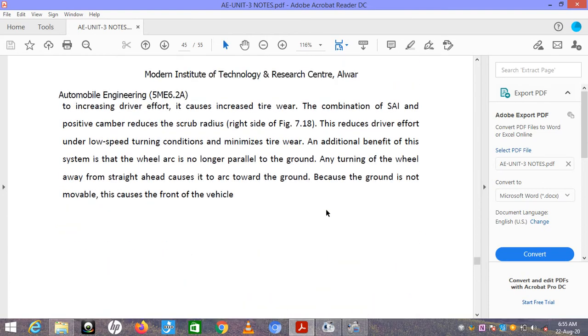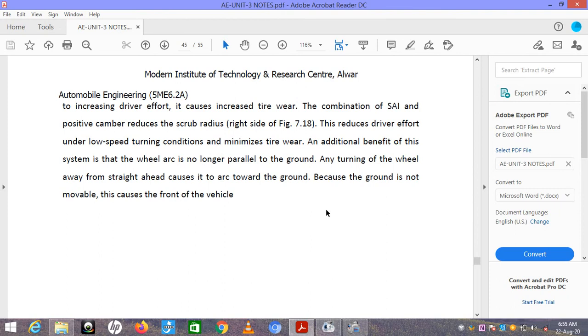The combination of steering axis inclination and positive camber reduces the scrub radius. This reduces driver effort under low speed turning conditions and minimizes tire wear.